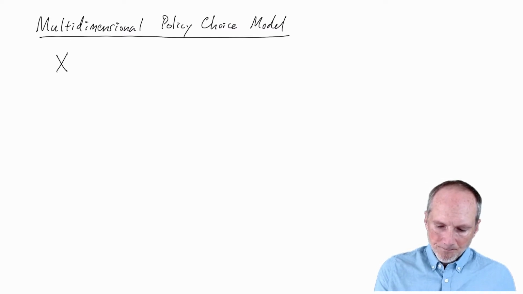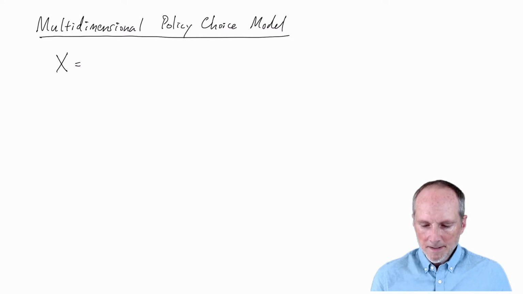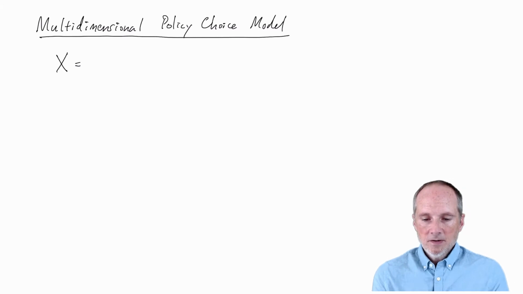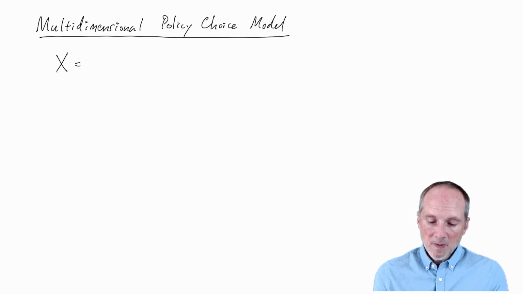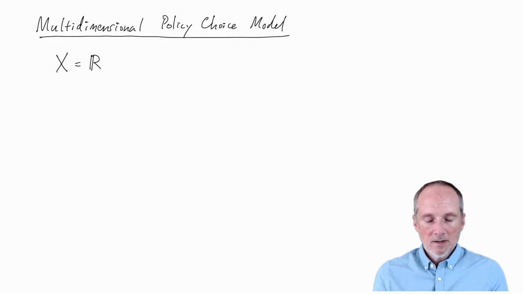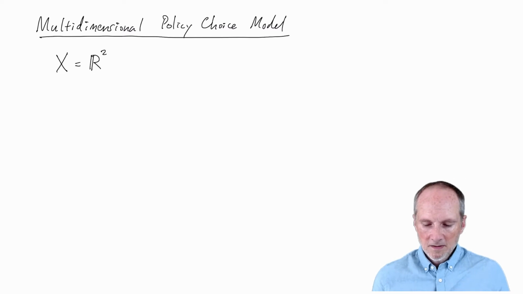Now there's different variations of this, but just to keep things simple, I want to think about a model with two policy dimensions, and I'm going to allow those positions on those two dimensions to take any real values. And so our policy space then would not be just the real line, but it would be pairs of real numbers. So we use this notation R2.